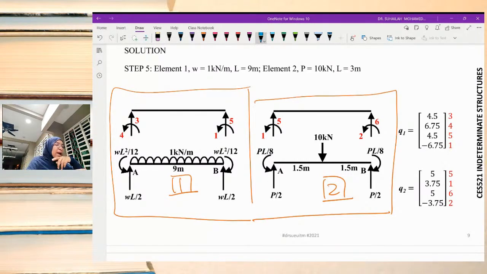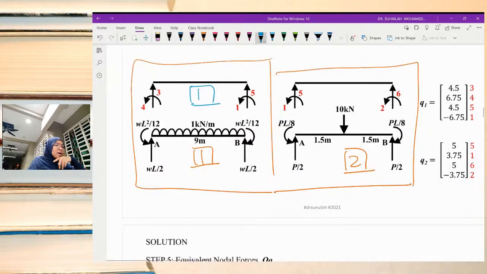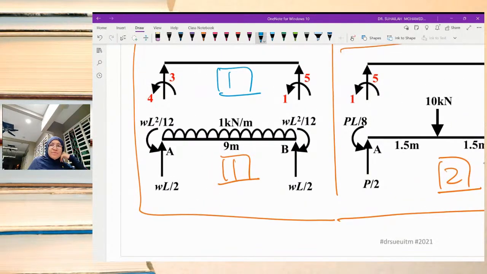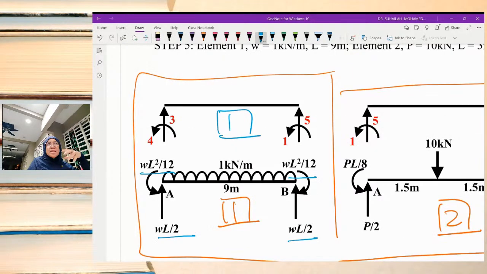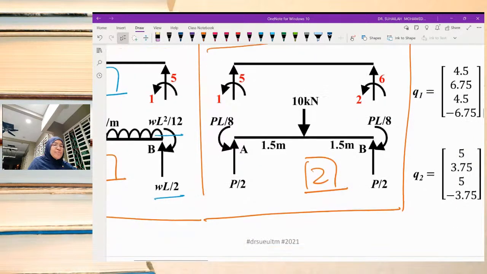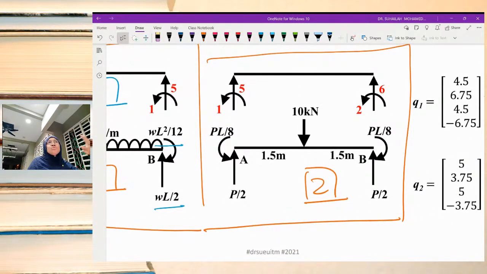For element number 1, this is the formula, and we have to compare it with the degrees of freedom, comparing the upper diagram and the lower diagram. The same goes for element 2, where we sketch two diagrams: one representing the degrees of freedom just for element 2, and another for the fixed end reaction. This is the formula based on loading.